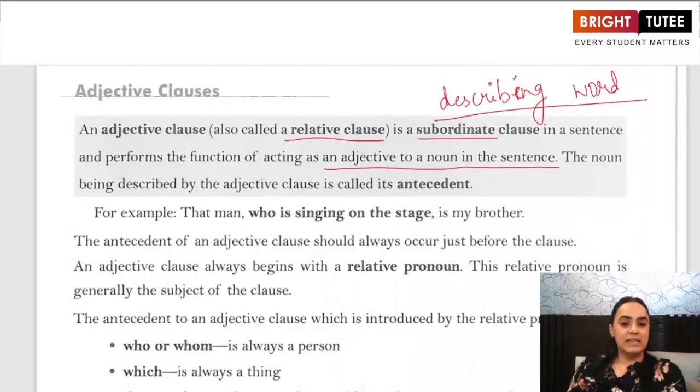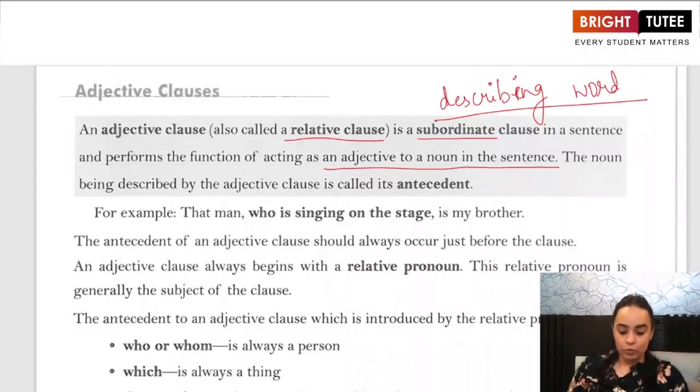So basically, an adjective describes a noun or a pronoun. So an adjective clause serves the same purpose, that is describing the noun or the pronoun in the sentence, and it is also known as a relative clause.